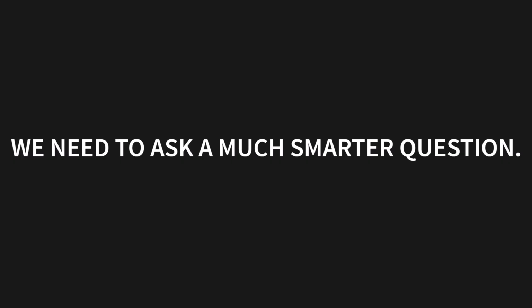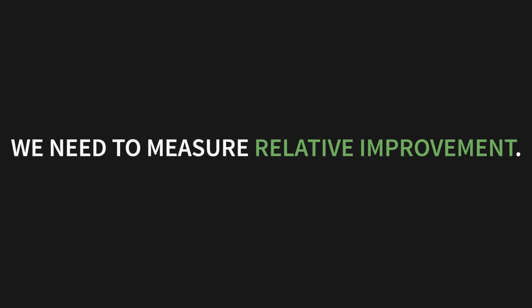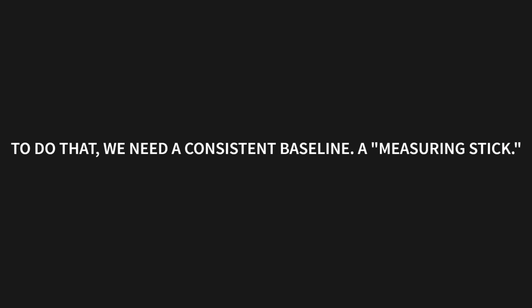We need to ask, how much better is this response compared to what my model would have said at the beginning of training? See the difference? We need to measure relative improvement, not an absolute score. And to do that, we need a consistent baseline, a measuring stick that never changes.